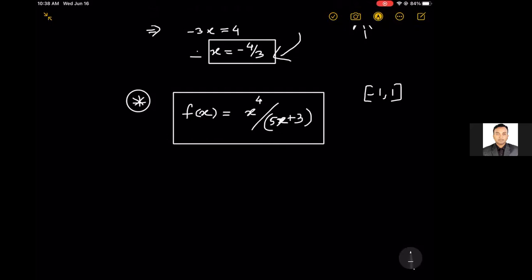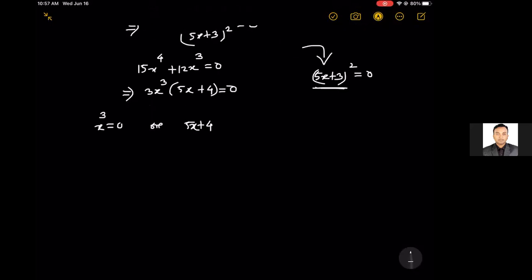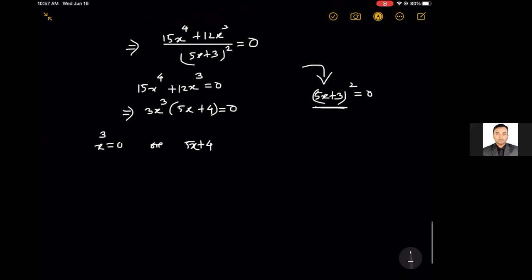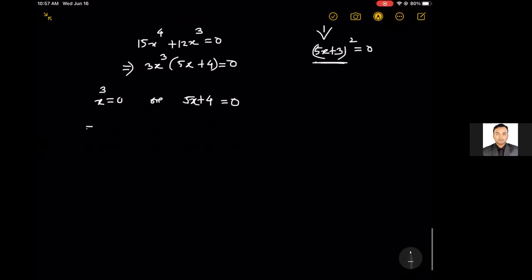Okay, and let me create the group for you. There you go. So either x cubed is 0 or 5x plus 4 is 0, right? If we solve it, we get x equals 0. And from this one, we get 5x equals -4. That means x is -4/5.